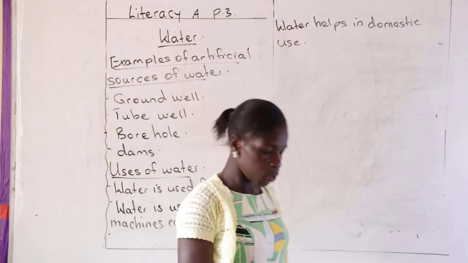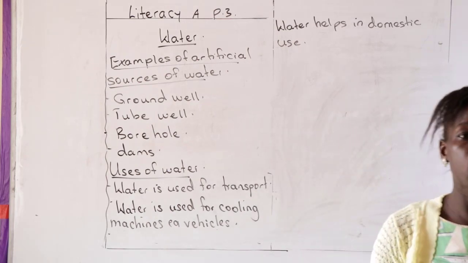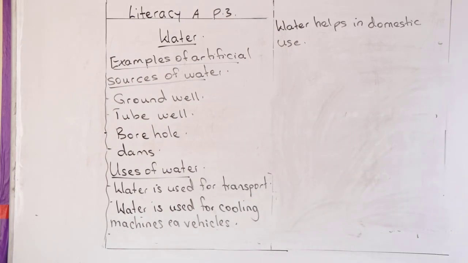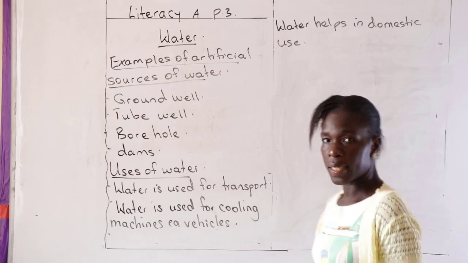For example, what do you mean by domestic use? Domestic use means home use. Water helps in domestic use. When you talk about domestic use, we mean home use, meaning that we use water at home.